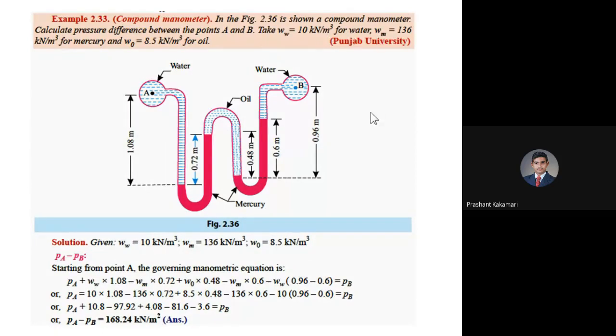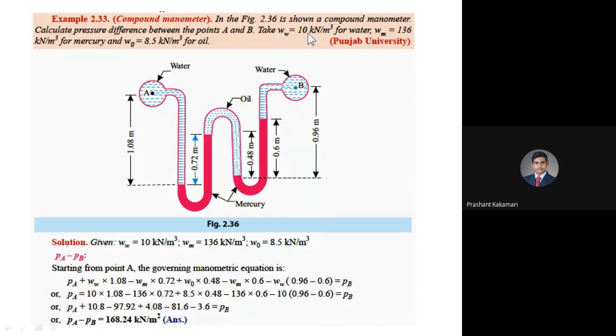For water, what is given there? I think the rho g value is given, the specific weight. Specific weight is 10 kilonewton per meter cube for water. For mercury, specific weight is 13.6 kilonewton per meter cube. Yes, so specific weight, small w, we have discussed in earlier cases.